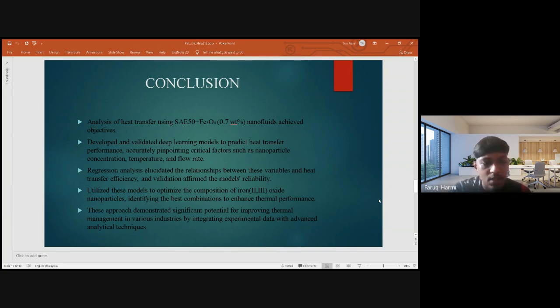Regression analysis elucidates the relationship between these variables and heat transfer efficiency, and validation affirms the model's reliability.